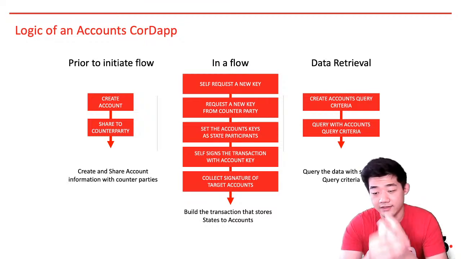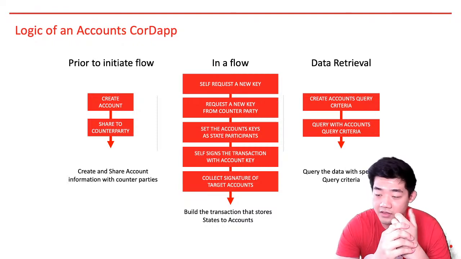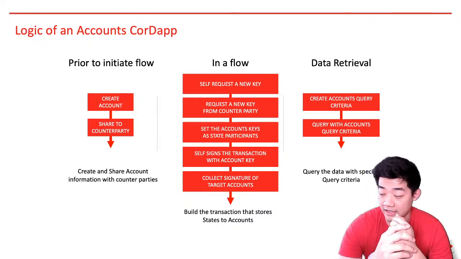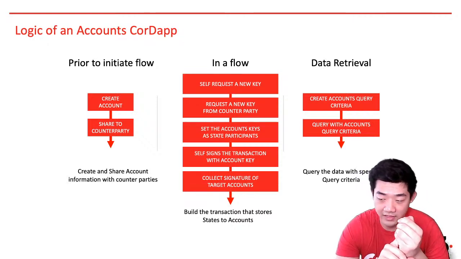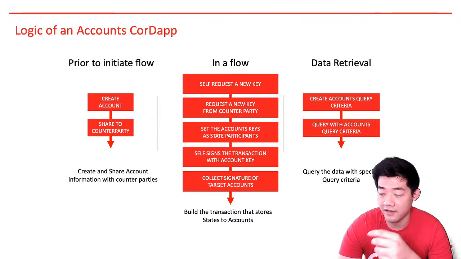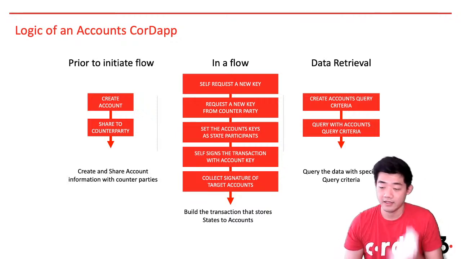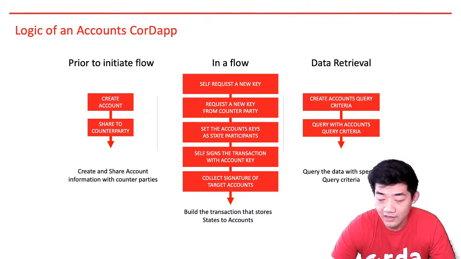The third section is data retrieval. Now that we endorse the concept of accounts, we have to be very, very careful with queries, because each account-specific query has to be strictly defined by the account query criteria. This is very important, because all the states are technically stored together in the vault.